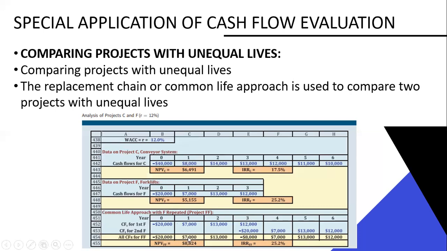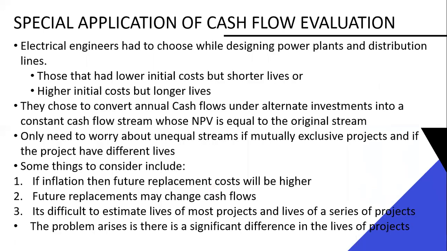Then you find all the cash flows, the summation of the cash flows, and you compare the NPV and calculate all the different evaluation methods, and compare that with project C's cash flows, and then you evaluate these two projects.